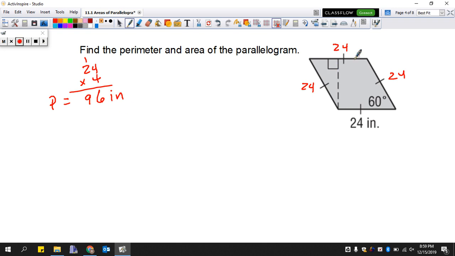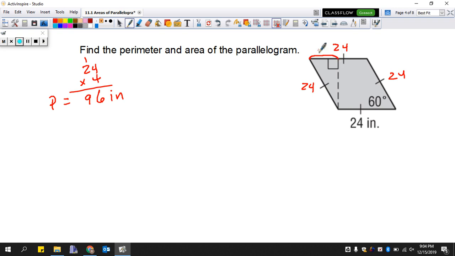All right. Now we can notice here that for this triangle, we're not given the length of this side right here.